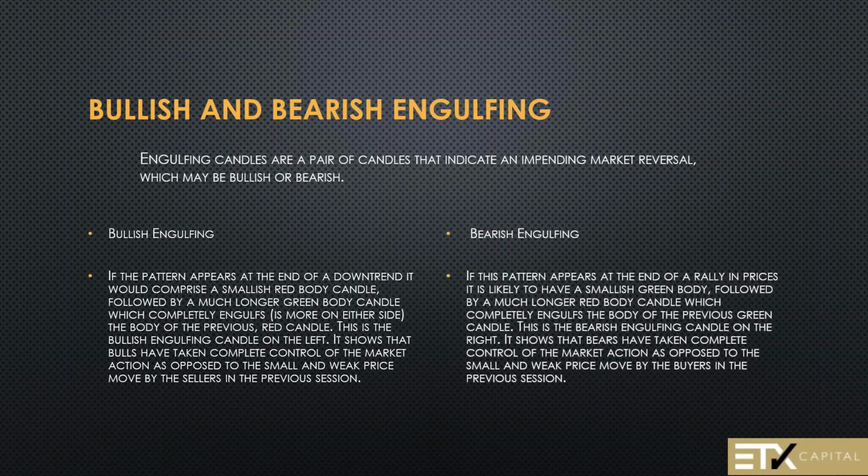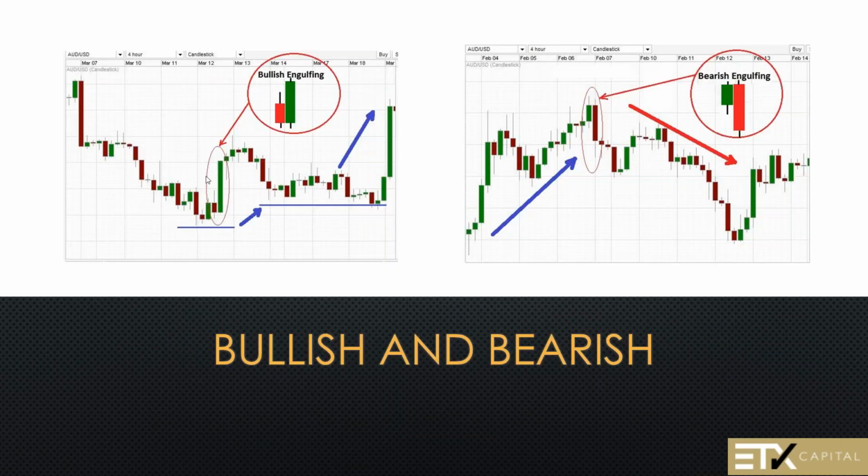So some of the ones you hear about the most often are the bullish and the bearish engulfing. Engulfing candles are a pair of candles that indicate an impending market reversal, which may be bearish or bullish. A bullish engulfing candle is comprised of a small candle in the direction of the trend and then a new candlestick that engulfs that previous candle and is in the opposite direction.